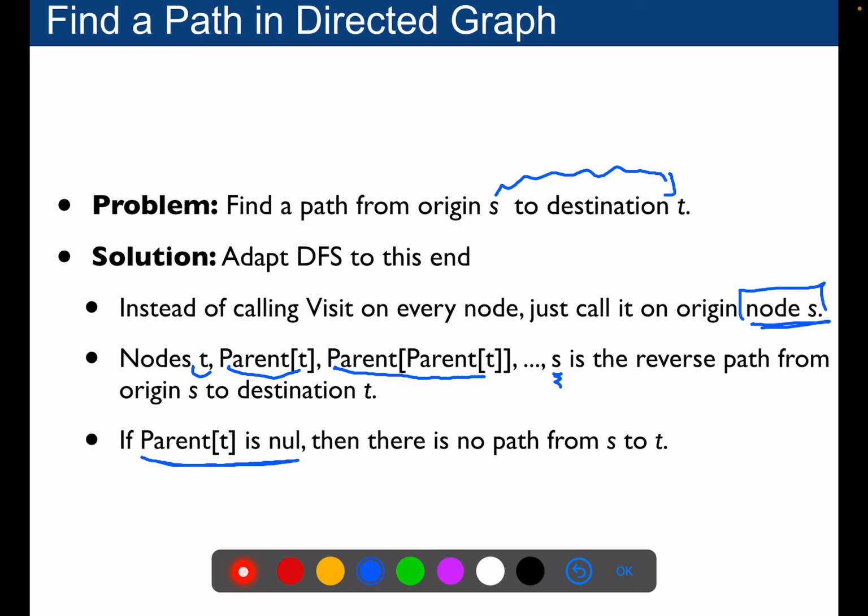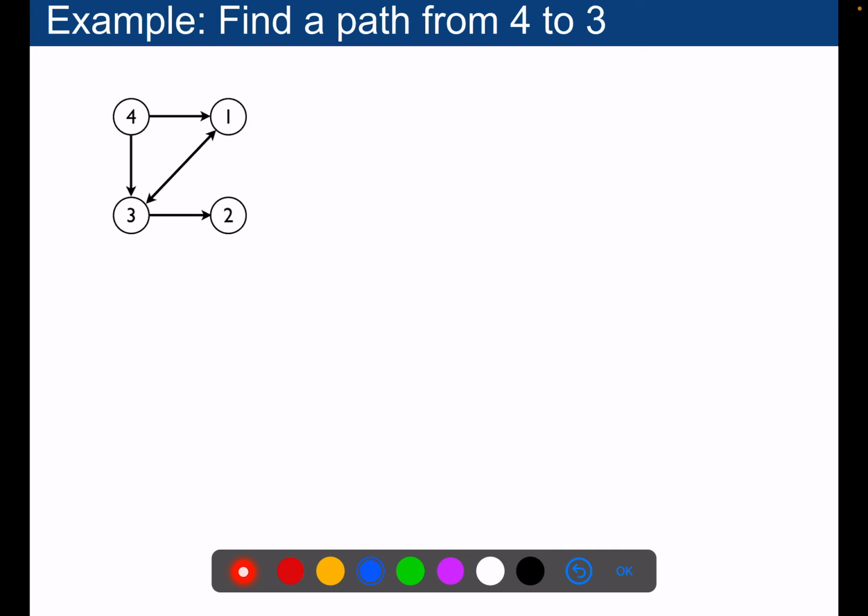And you have the guarantee that if at least one path exists, you will find at least one path. And if it does not exist, you will have the case that the parent of T is equal to null at the end.